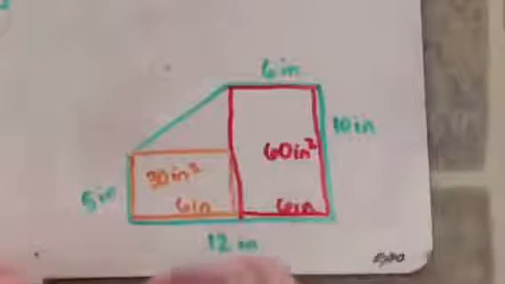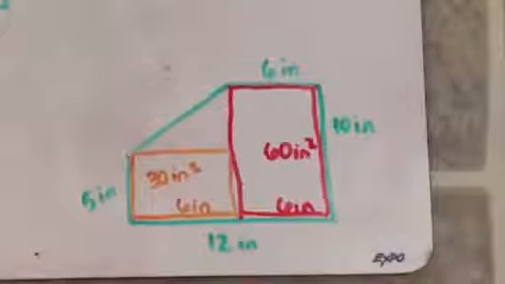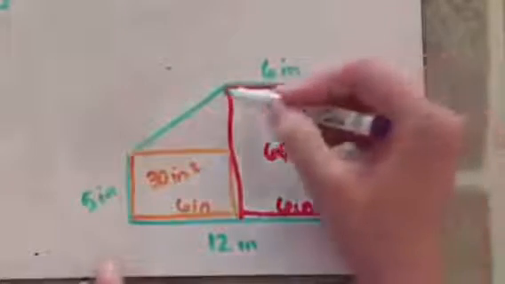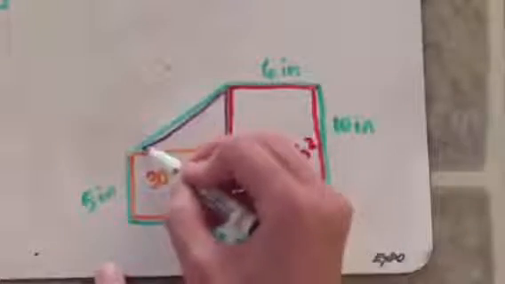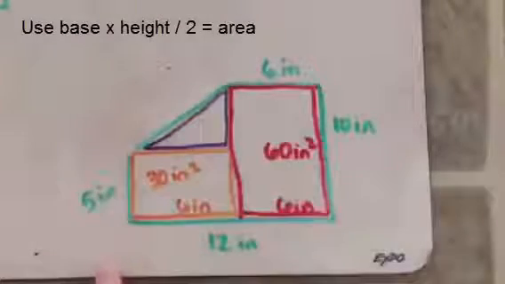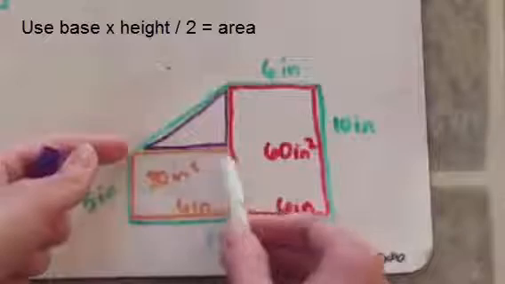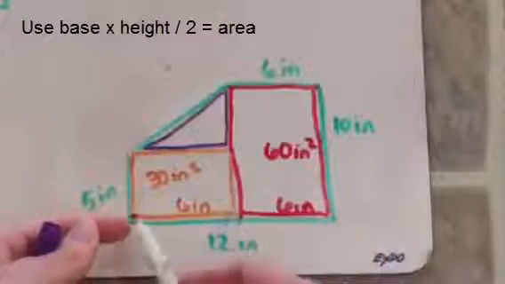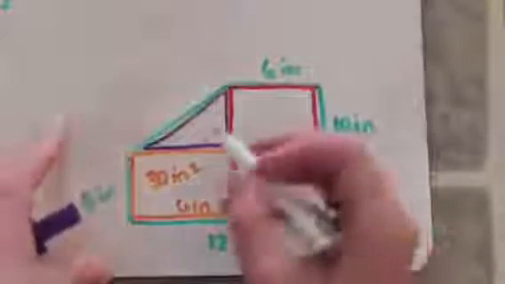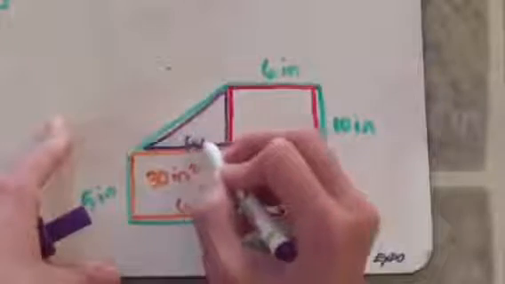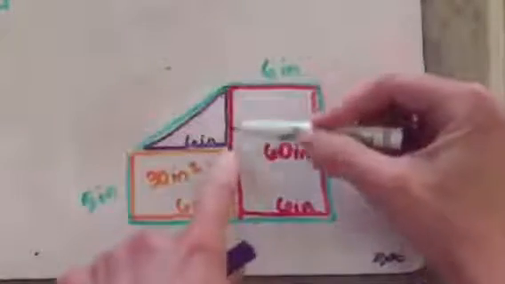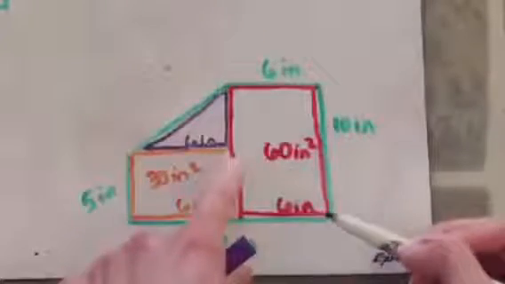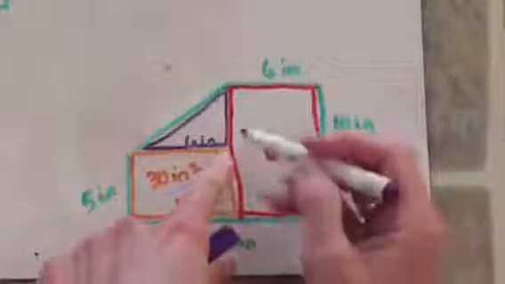Okay, and then the last shape that I have left that I see right here is a triangle. So I can use 1/2 base times height to figure out the area of this triangle. The base of this triangle is going to be the same as the base of this rectangle here, so 6 inches. And then the height of my triangle, again, I'm going to have to use a little bit of logic to figure this out.